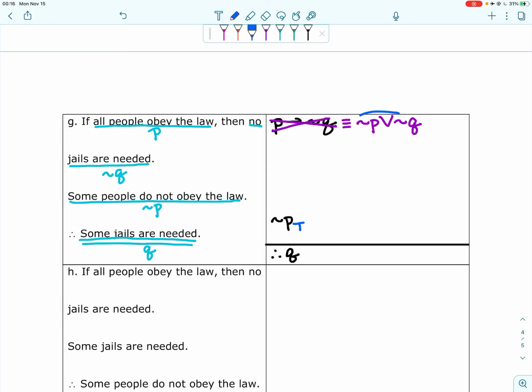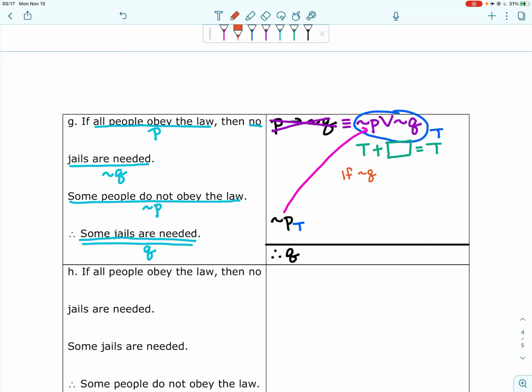So then this is going to be true, and all of this is going to be true. So not P is true. That means coming up here, not P is true. And then I have or, which is addition, and not Q is what I need to figure out so that the entire statement is true.